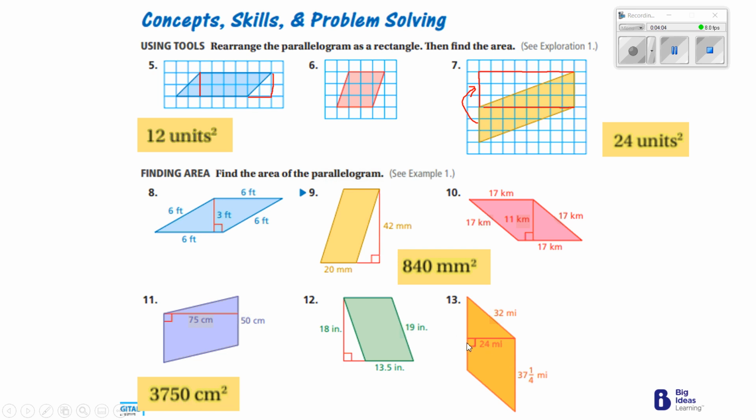Number 13 is 24, okay? 24 by 37 and 1/4. We are not going to take this measurement. That's not the height, okay? So this is going to give us 894, I'm guessing miles squared, all right? Let's go ahead and put in the next one.